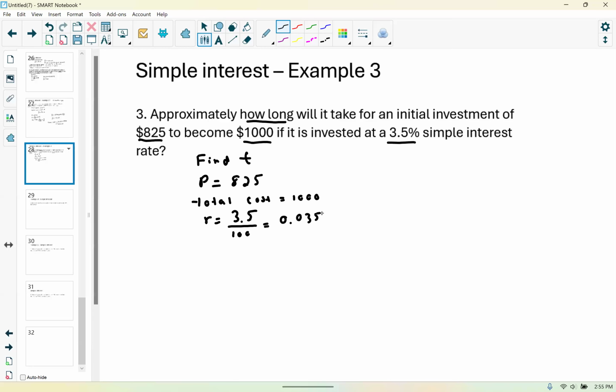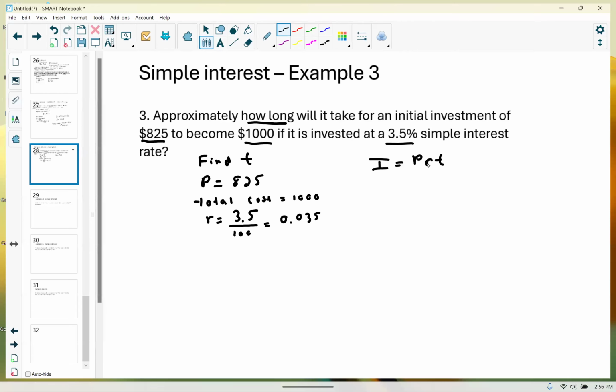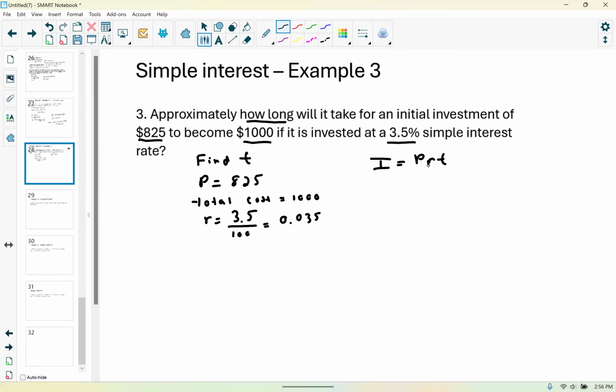Okay. So here's the problem. I don't know I either, and I don't know T. And remember, this is my formula. And to solve an equation, I have to know all of the things except one. And so I'm looking for T, so I need to find I first.